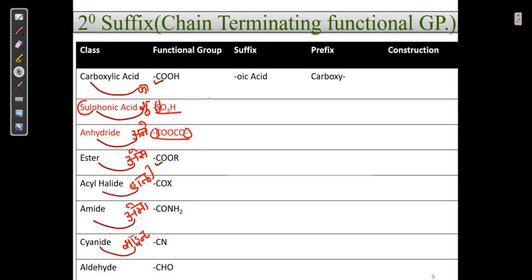So suffix and prefix are very important for us. Oic acid, carboxyl. Suppose this is carboxyl. Then sulfonic acid and sulfo.